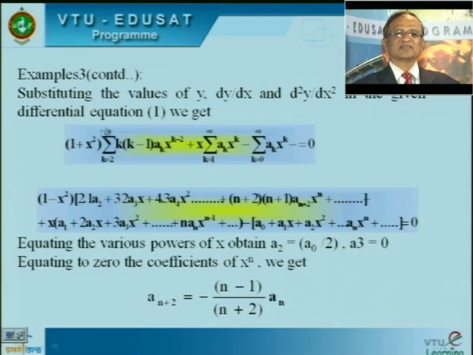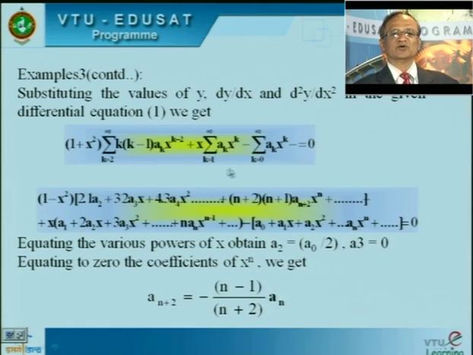All the values means the value of d square y upon dx square, the value of dy by dx, the value of y. So now I will multiply 1 minus x square into the summation as it is, right? You can expand, replace k by 2, k by 3 and so on. You will get all these terms like the previous example, right?